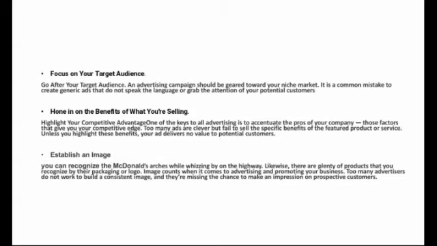Establishing a consistent image through an advertising campaign is a difficult process. Only very few advertisers can establish such a consistent image through the advertising campaign. For example, McDonald's. Its image counts when it comes to advertising and promoting the business.